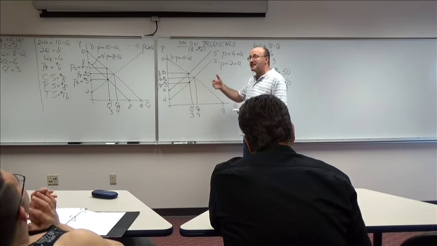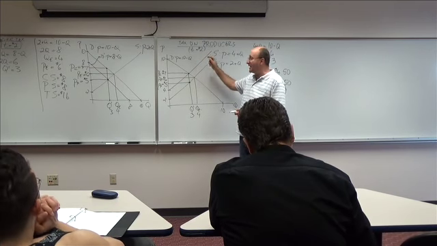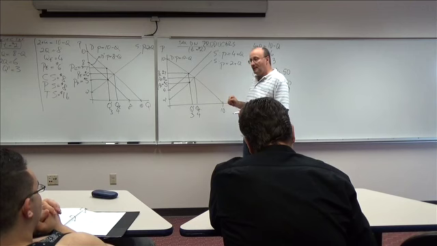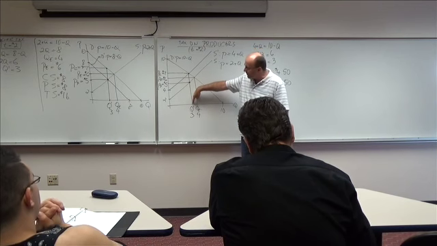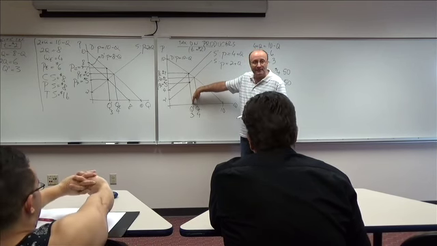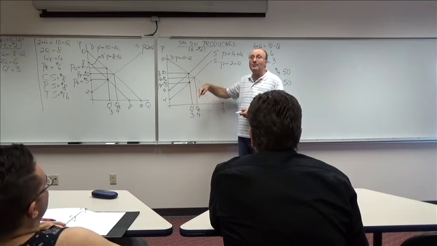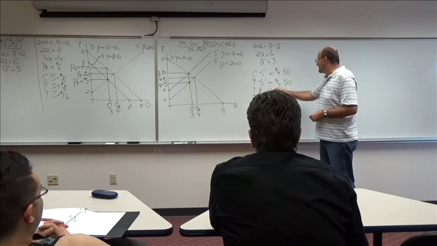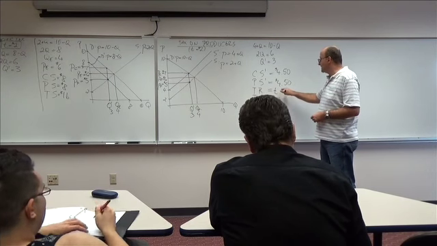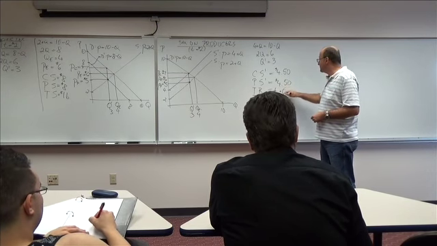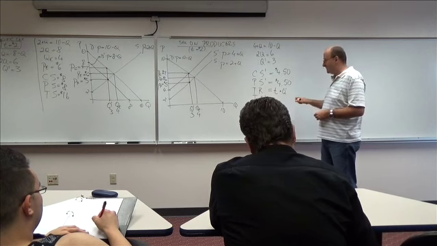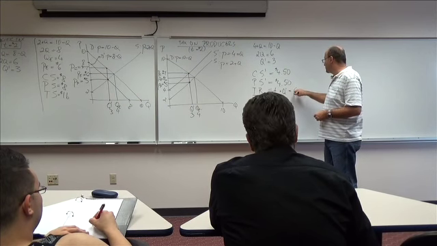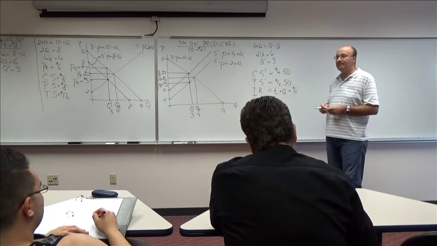If the government imposes and collects $2 on each pack of cigarettes, how many packs of cigarettes are sold after tax? 3 packs. How much does the government collect? $6. So it's specific tax of $2 times the quantity after tax, which is $6. That makes sense?